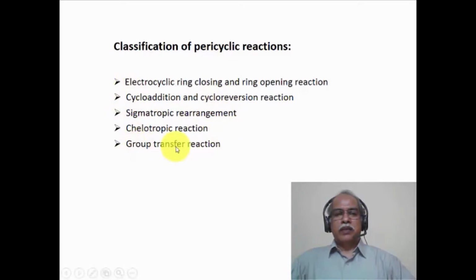And finally comes the group transfer reaction. These are reactions where, for example, a pair of hydrogen atoms are transferred in a pericyclic or concerted manner to undergo a hydrogenation reaction. We'll see some examples of the group transfer reaction towards the end of the session.